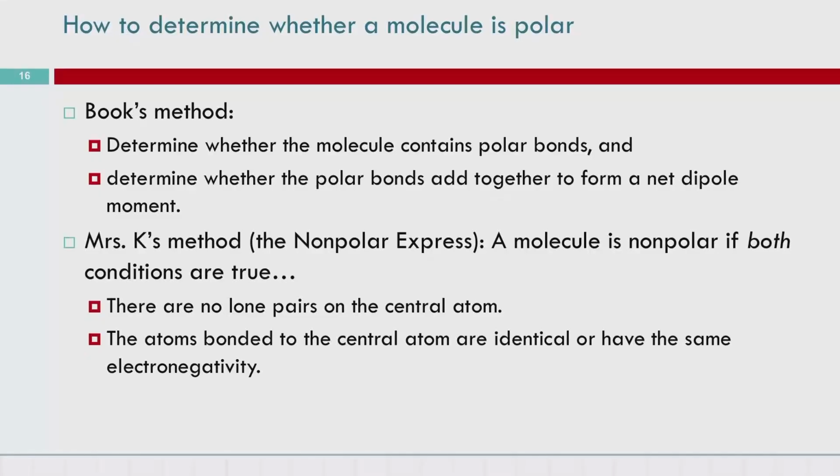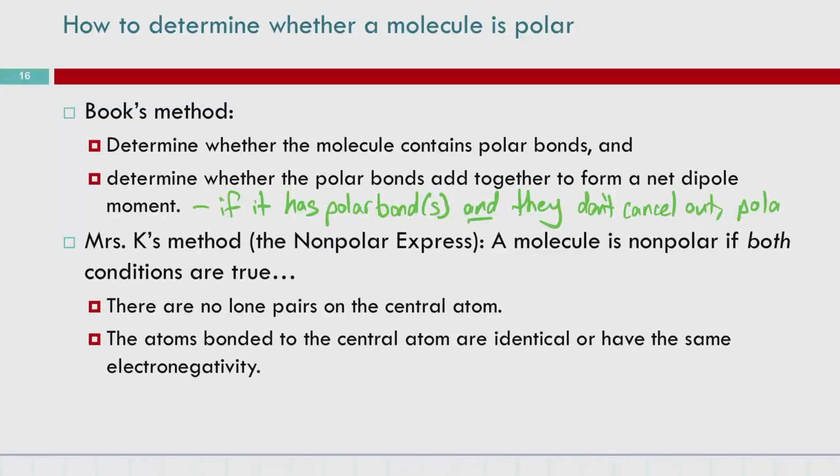If the arrows don't cancel out, so if it has a polar bond, maybe multiple, and they don't cancel out, then it would be polar.